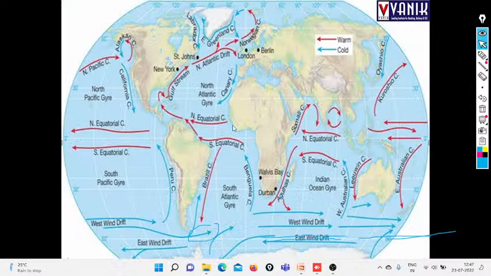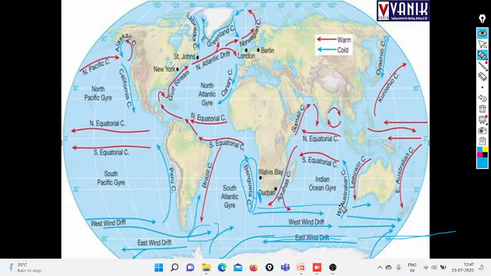Here it is a cold current. Near the Cape of Good Hope the Benguela current mainly flows.